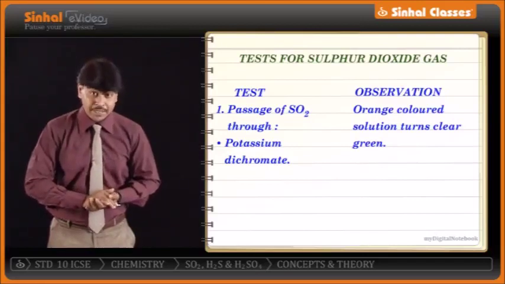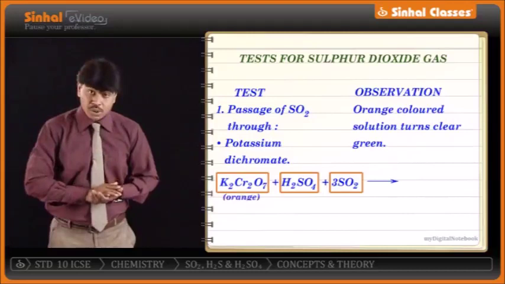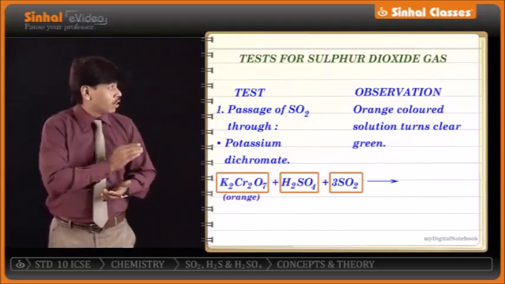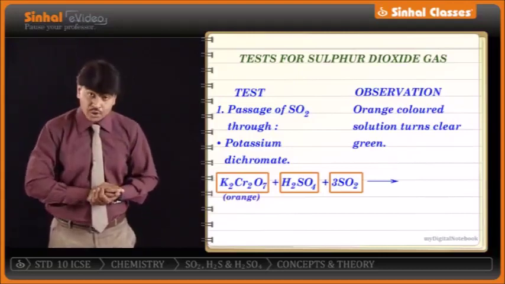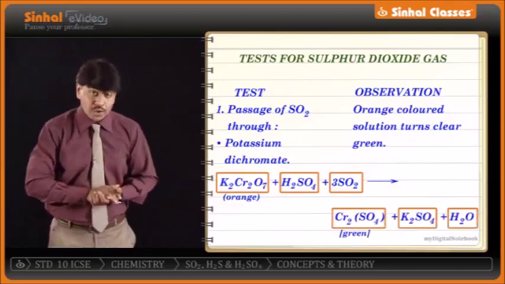chromium sulfate. The reaction for this test goes as follows: K2Cr2O7, which is orange in color, plus H2SO4 along with 3SO2 will give you Cr2(SO4)3, which turns green, plus K2SO4 and H2O.